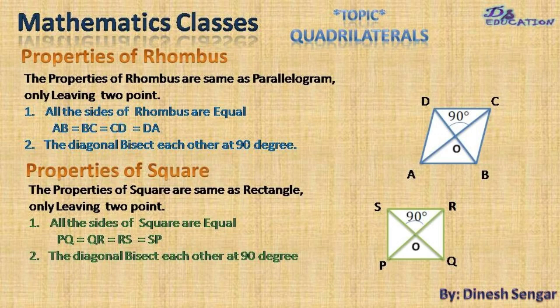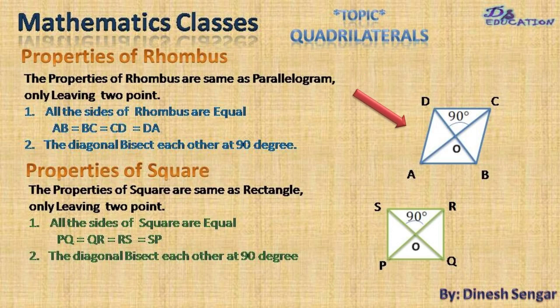So you have to see these 2 points to identify the rhombus. The first is, all the sides of a rhombus are equal. In the previous slide we have seen that the opposite pair of sides of a parallelogram are equal, whereas a rhombus has all its four sides equal. Here AB is equal to BC, is equal to CD, and is equal to DA.